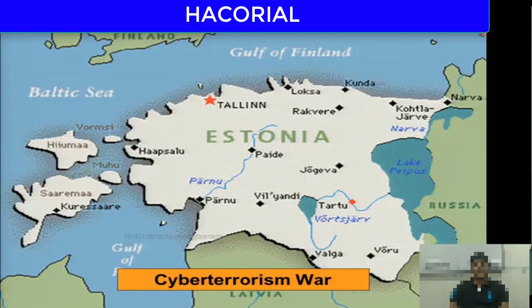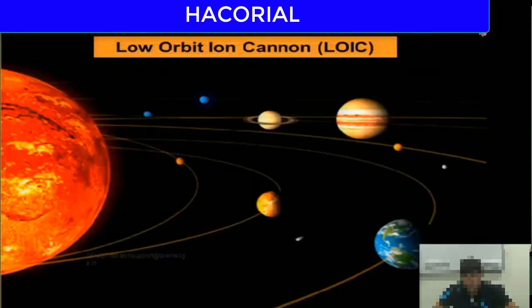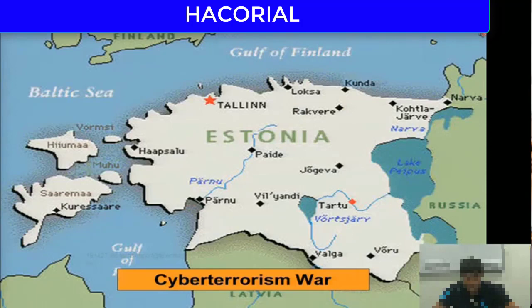Even till today, the Russian intelligence or the military does not admit that they executed the attack, but a lot of people know that it was them. So cyber terrorism warfare has become the new type of warfare that can happen between different countries. So if it has happened in Estonia, there is no reason why it cannot happen anywhere else.